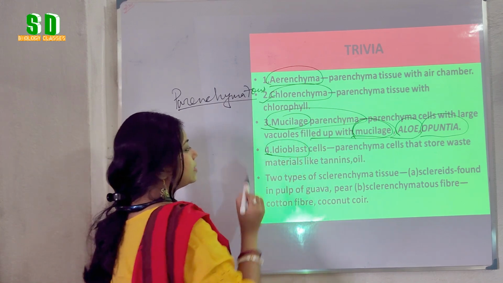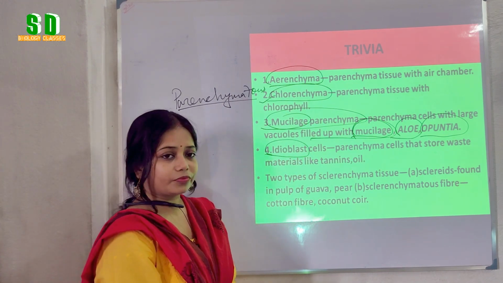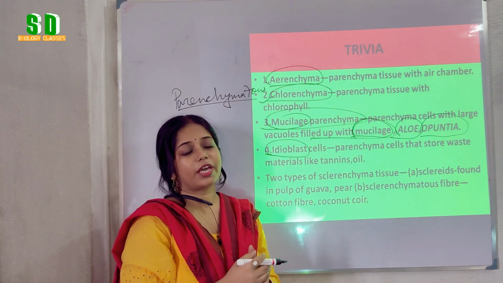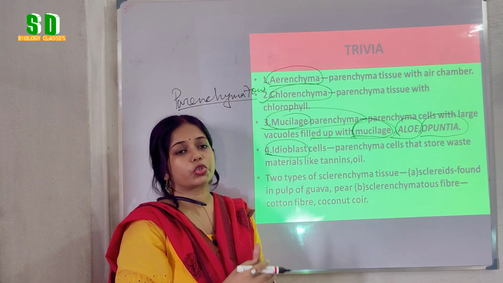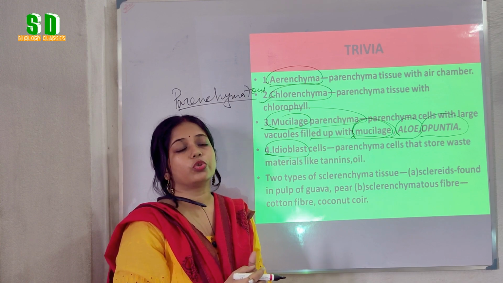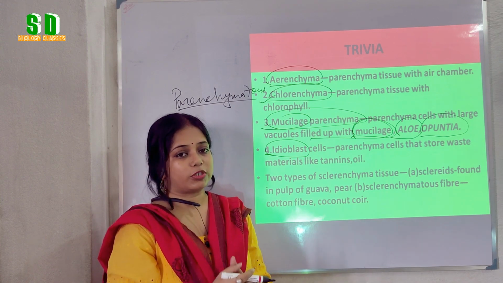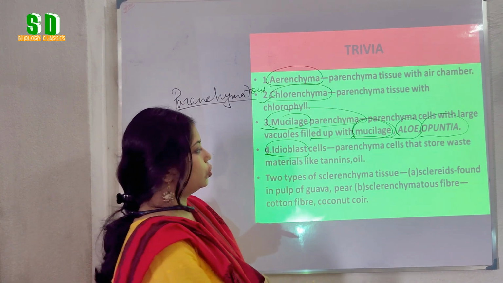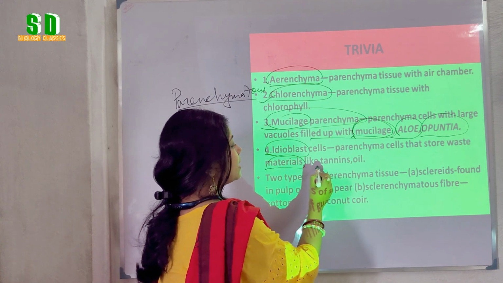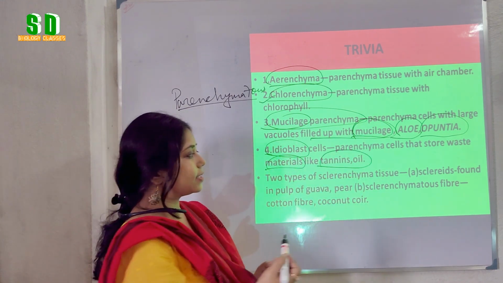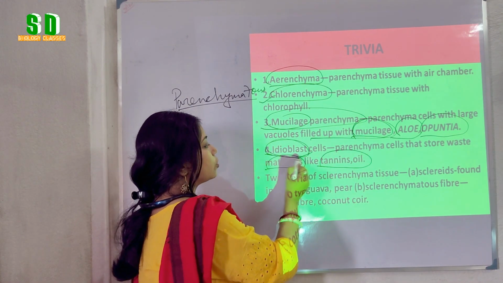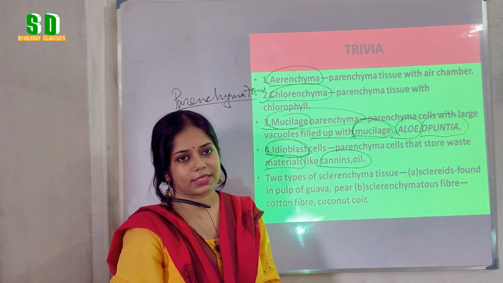Now, what are idioblast cells? Till now we have learned that the cells of parenchymatous tissue can store different substances. When they store waste materials like tannin, oil, etc., those cells are called idioblast cells.